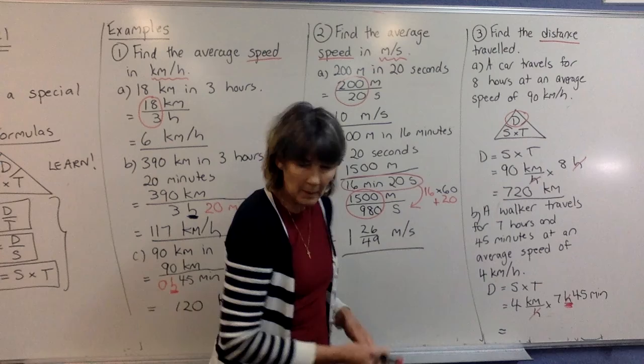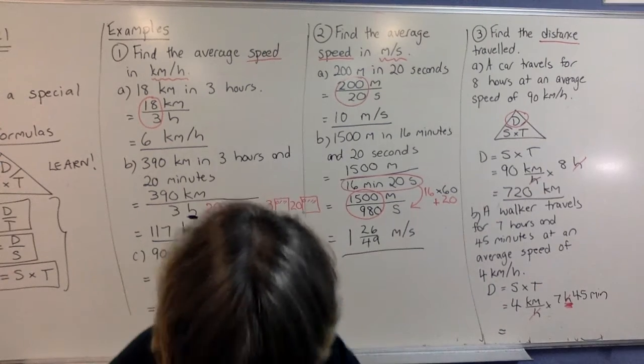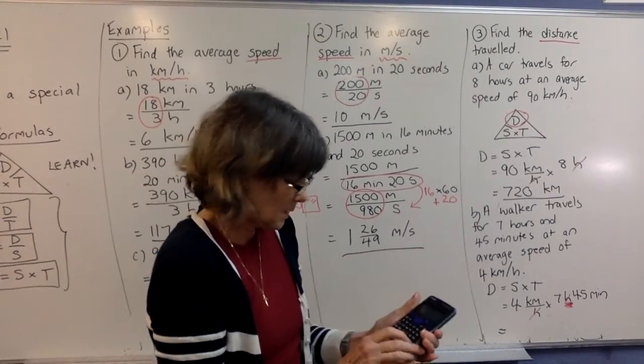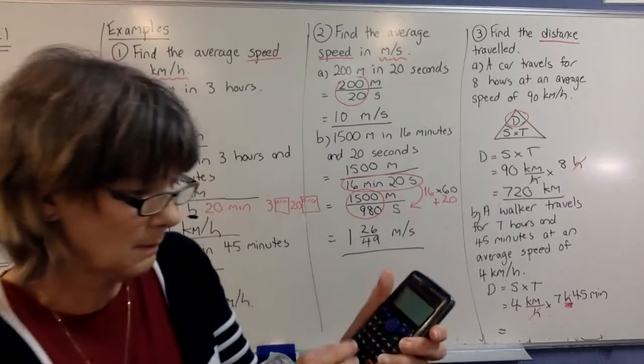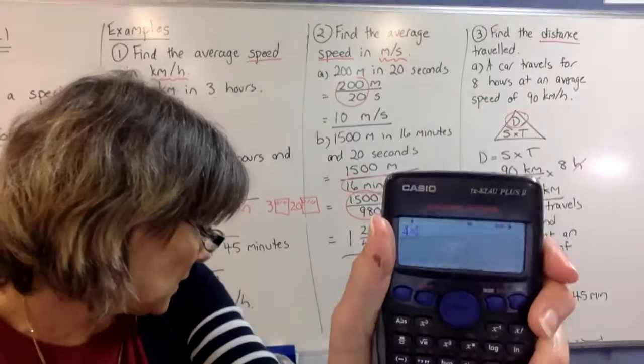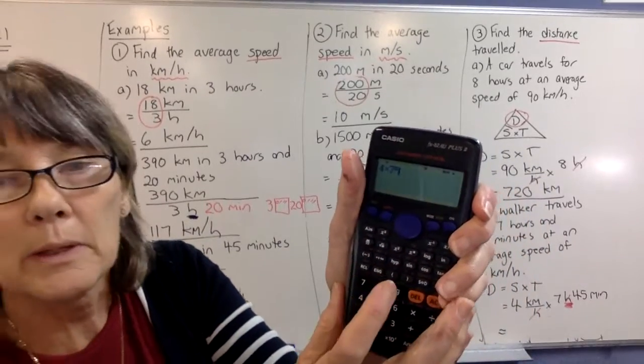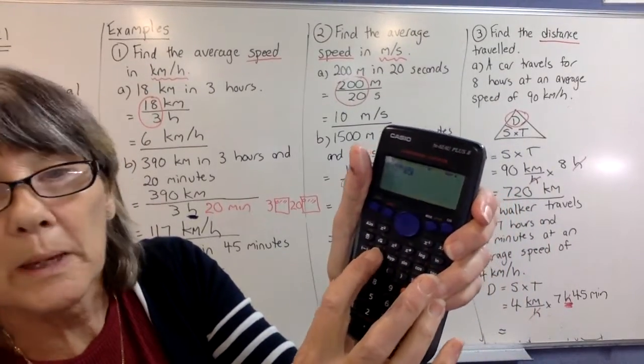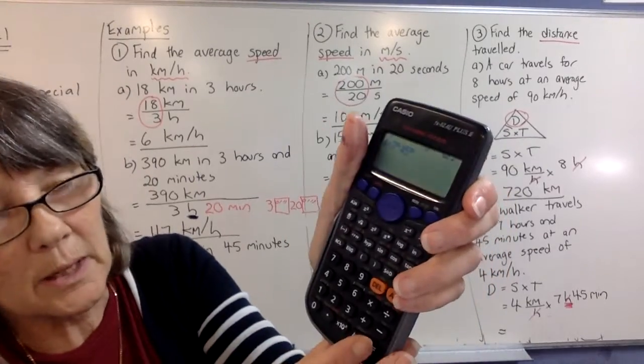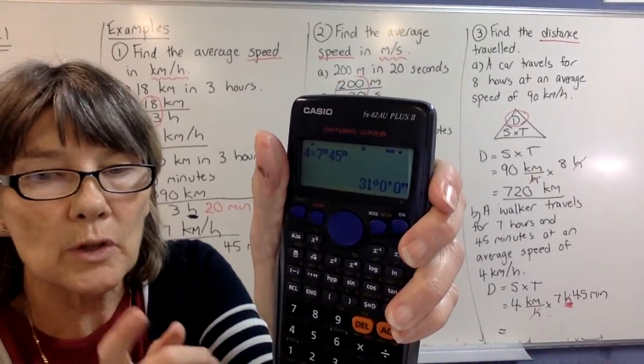So you've got to just remember how to put it in your calculator. Let's see who can remember. So we're pressing 4 times. All right, now 7 hours 45 minutes. 7 hours 45 minutes. And press equals. All right, so it's 31.